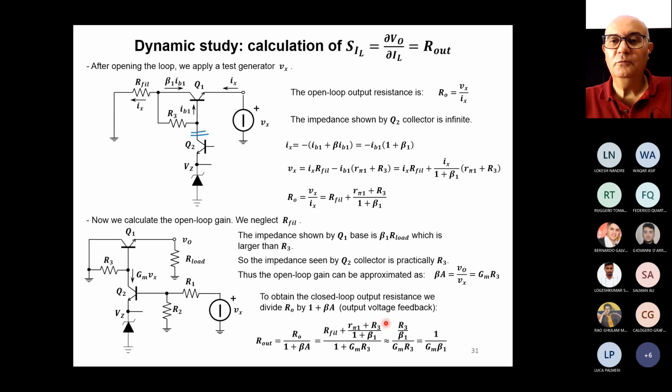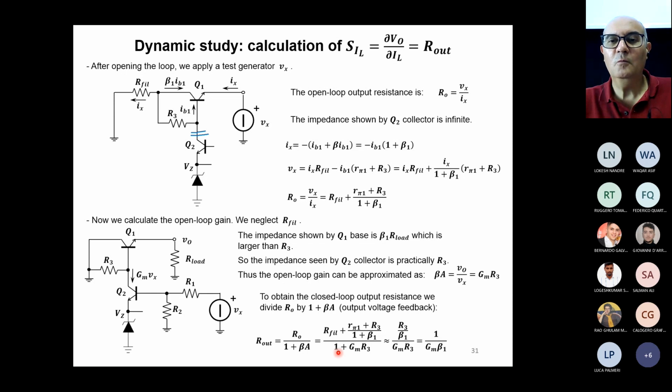Just following what I told you before, if I consider that R filament can be neglected, R pi is smaller than R3. So in the numerator here remains only R3. 1 can be neglected with respect to beta 1, so I got R3 over beta 1 on the numerator.